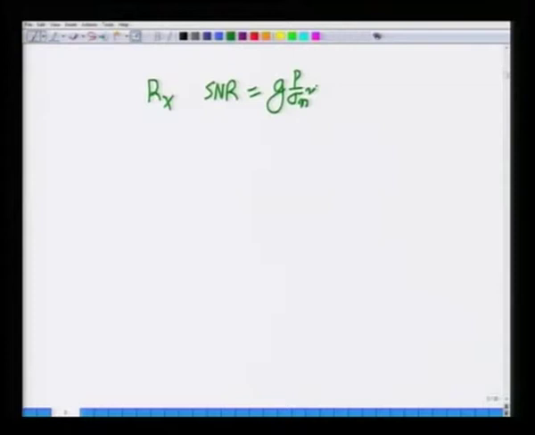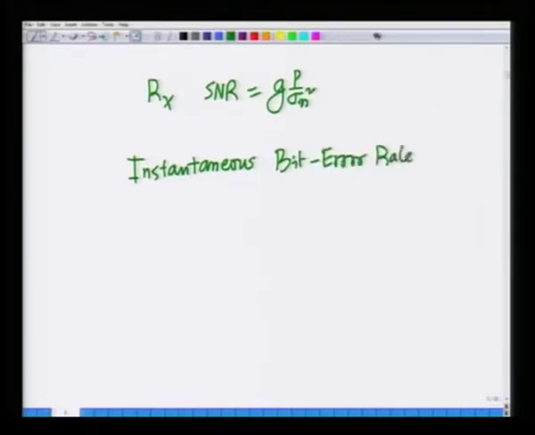Hence, the instantaneous bit error rate is nothing but the Q function. Remember, the instantaneous bit error rate is nothing but Q function of the square root of SNR.